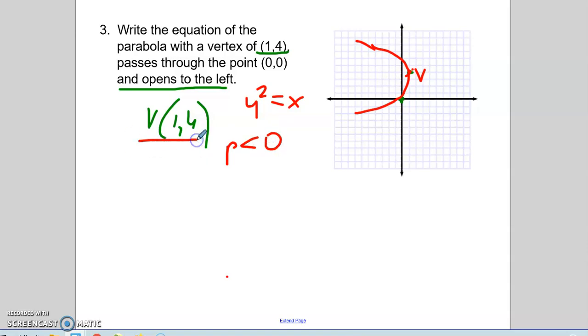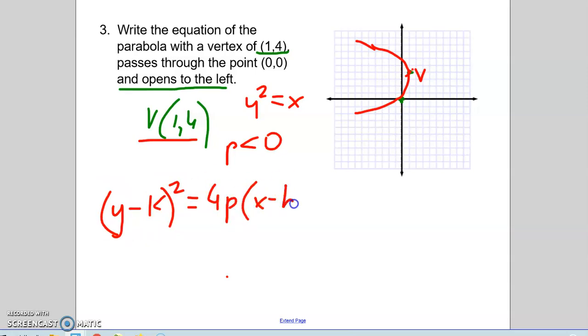Okay, so since I have the vertex, I can write the more general form down. So y minus k squared is equal to 4p times x minus h. So h, k is the vertex. So h is 1, so y minus 4 squared.